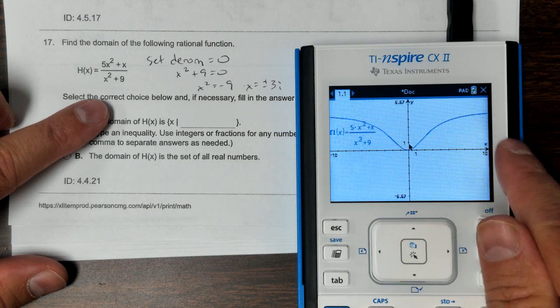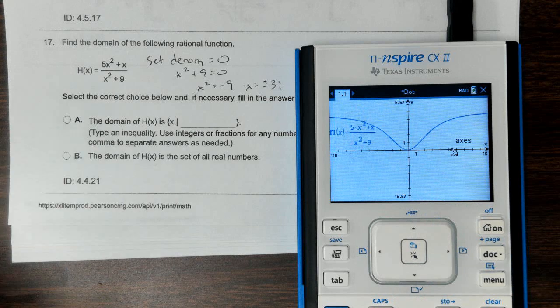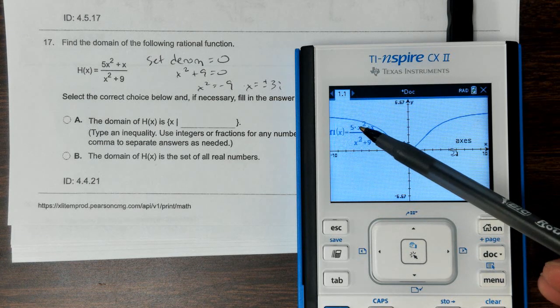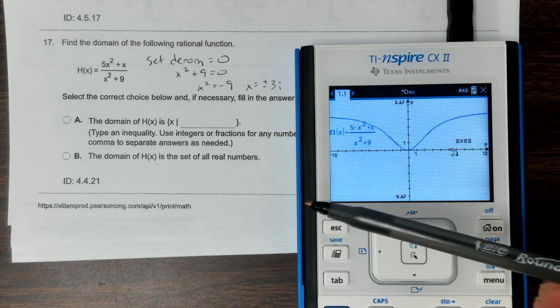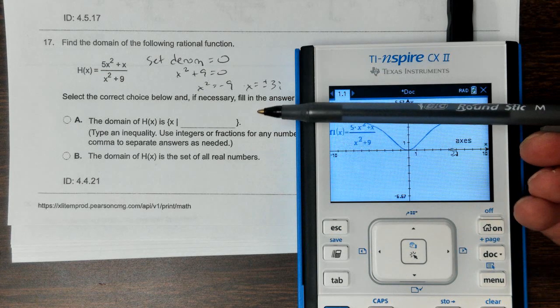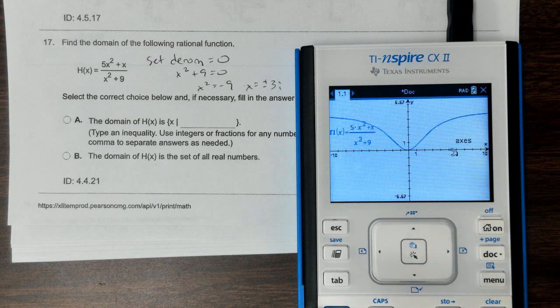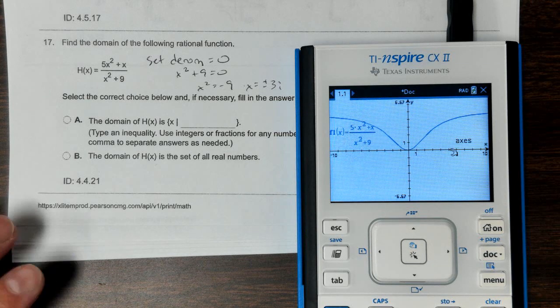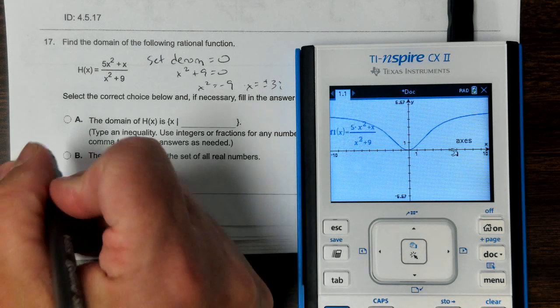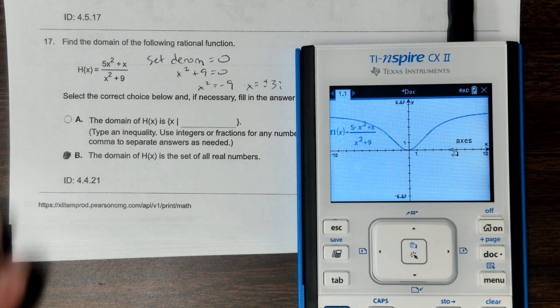Okay, so that looks like that, and sure enough, there's no vertical asymptotes anywhere, and so this is all real numbers. Also, you might be able to notice if you have 5x squared divided by x squared that you'd have a horizontal asymptote at 5, and so that's why it levels out that way. But this one, the answer choice is just B for all real numbers.